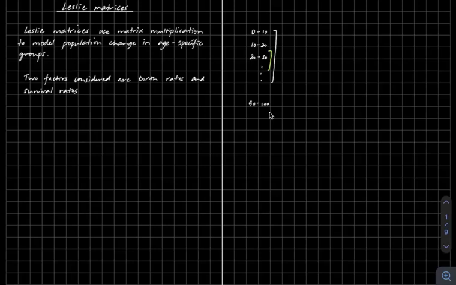So how do we use those? Well, let's consider an example. And to simplify it, rather than taking 10-year age brackets, let's just consider 1-year age groupings. So let's say a population of snakes.